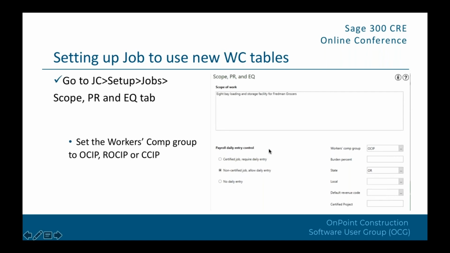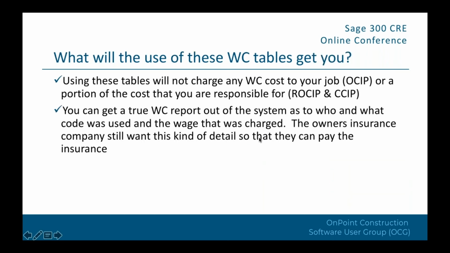But what you get out of setting it up that way is, even though on an OSIP one, you are not responsible for any of the insurance on that, they still want you to give them the report of where they worked under what work comp code that they worked on.